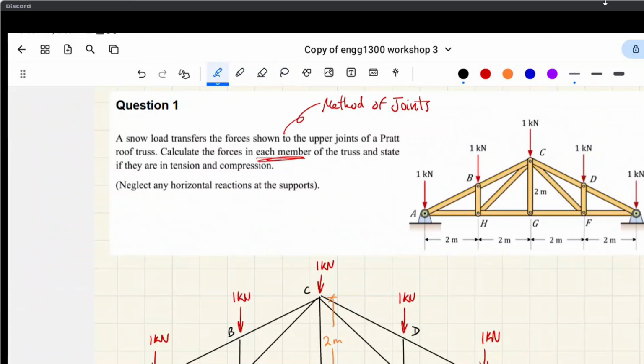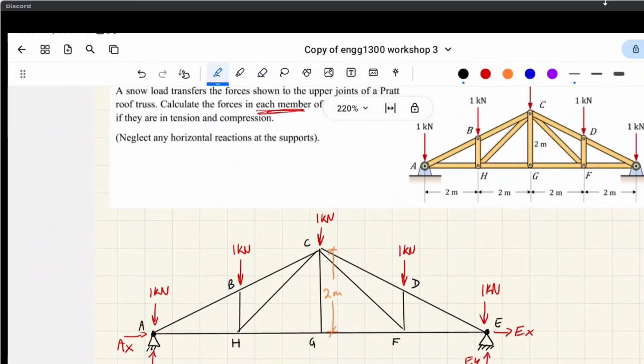Let's look at one more thing in this question. The supports are both pinned. But do you remember what I was saying earlier about external forces? The fact that all the external forces are acting exactly downwards in this question means this is still statically determinate, even though we technically have four reactions here.